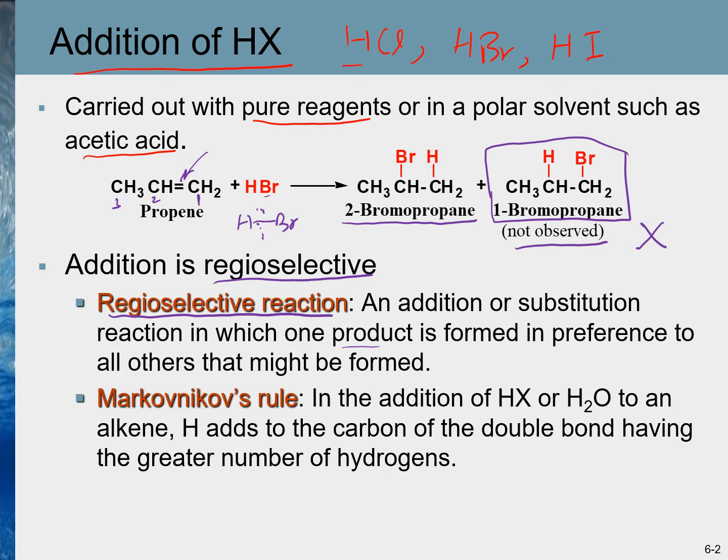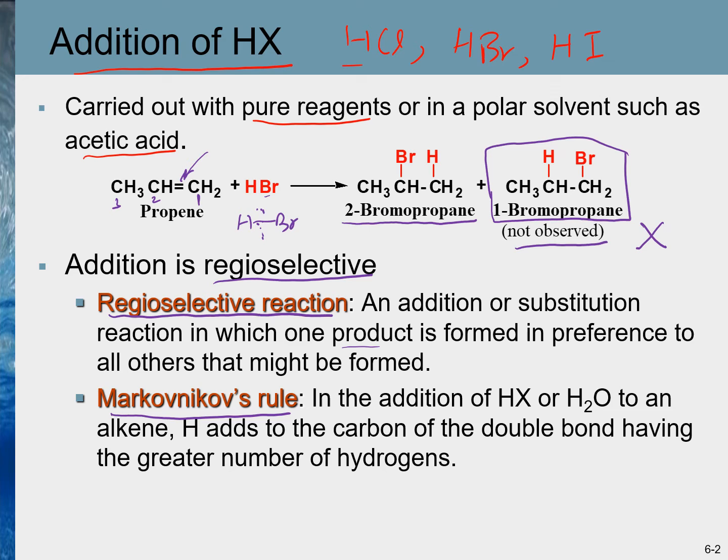The regioselectivity of this reaction was first noted by a Russian scientist named Vladimir Markovnikov. After investigating many of these kinds of reactions, he came up with a generalization, and that generalization is known as Markovnikov's rule.